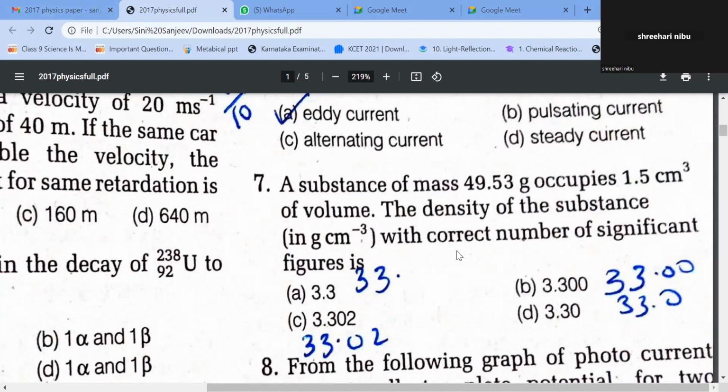Here directly density is mass by volume we are using, correct, sir. Density is mass by volume. So what is the answer we're getting? I'll do the division once again. Mass is this one, top one. Volume is this one, 1.5. Density is mass by volume.